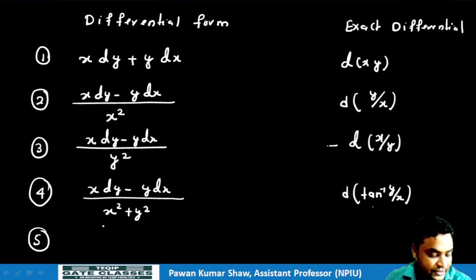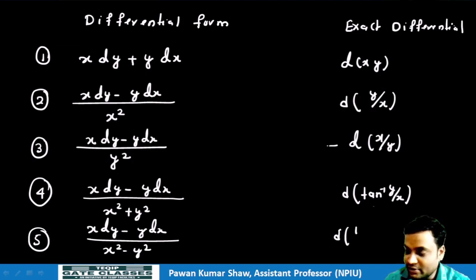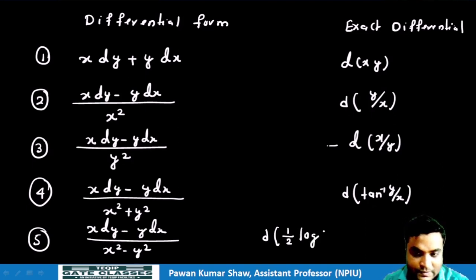Okay, another differential form, like x dy minus y dx divided by x square minus y square. So we can write this one as d of 1 by 2 log of x plus y divided by x minus y.